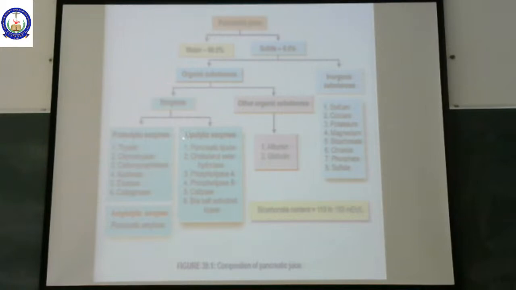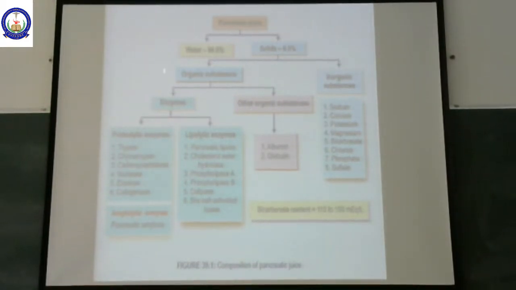The lipolytic enzymes are the enzymes which break down the lipid molecules. They are pancreatic lipase, cholesterol ester hydrolase, phospholipase A, phospholipase B, colipase and bile salt activated lipases. These are the different lipolytic enzymes.